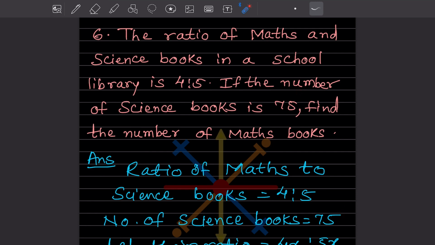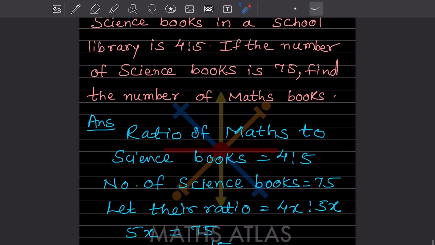So what will this ratio be now? When we want to solve, let us put one variable over here. Instead of just 4:5, we can put 4x to 5x. Now this is maths, isn't it? When we say the ratio of maths to science, the first number is for maths and the second number is for science.